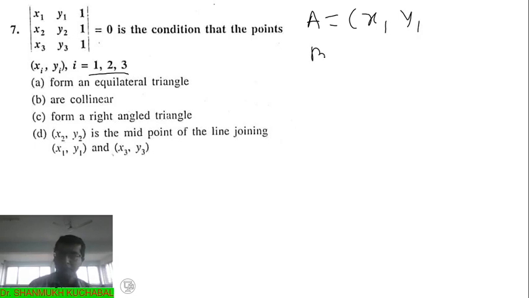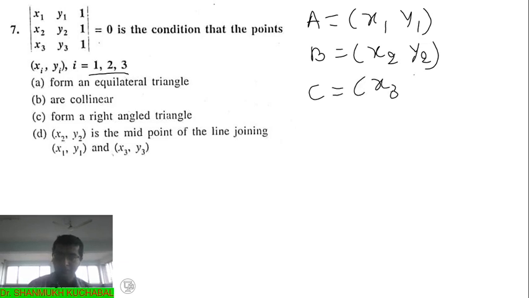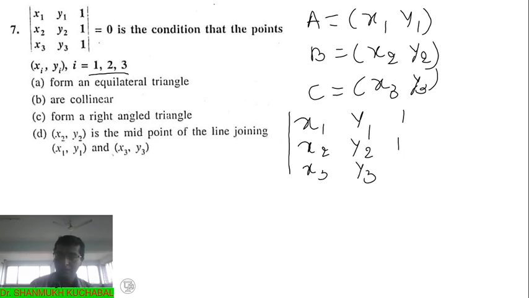Next, B, it is x2, y2. Then C, x3, y3. So the determinant is x1, y1, 1, x2, y2, 1, x3, y3, 1 equal to 0.